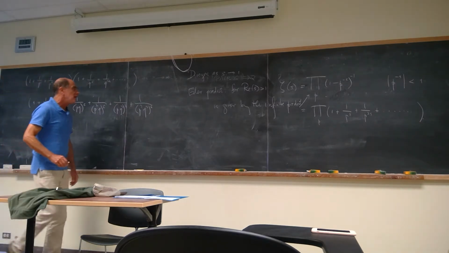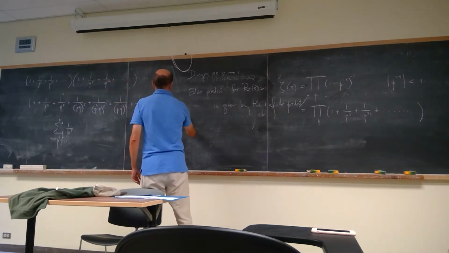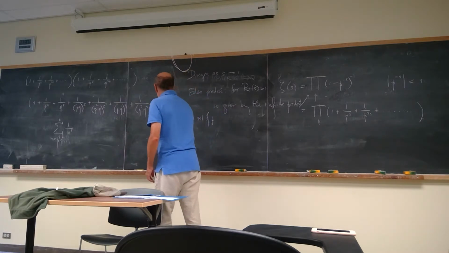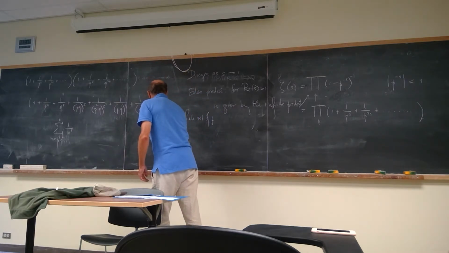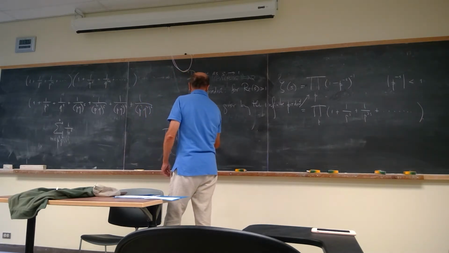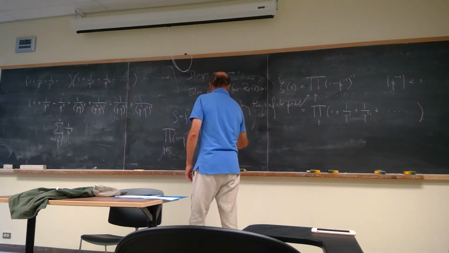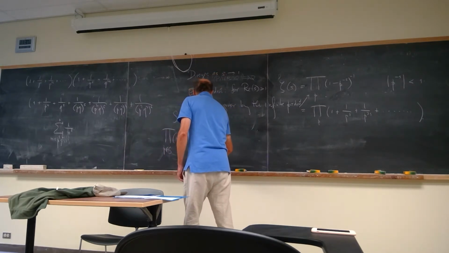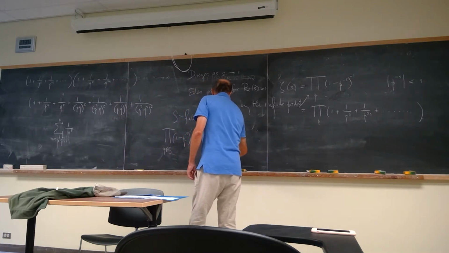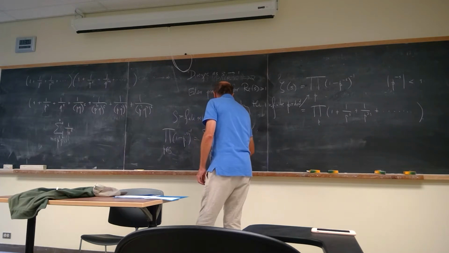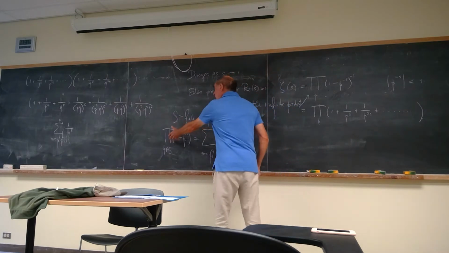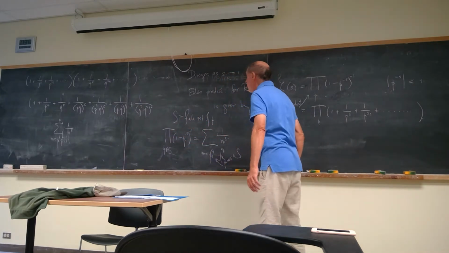And more generally, if we took a finite set of primes S, and we took the product over the p in S of (1 minus p to the minus s) inverse, we get the sum of 1 over m to the s, where m was a product p1 to the a1 through pk to the ak, and these were the primes in S. So this is a finite product, and you get this infinite sum.